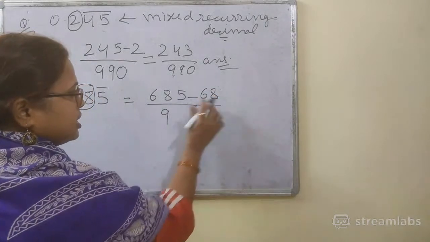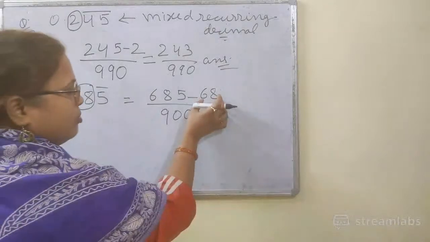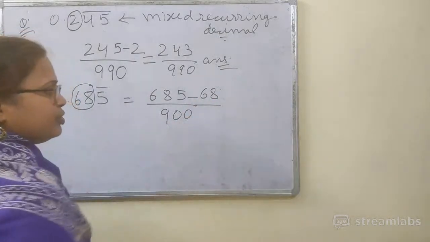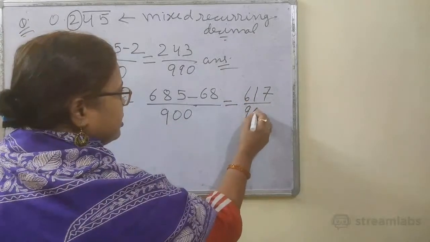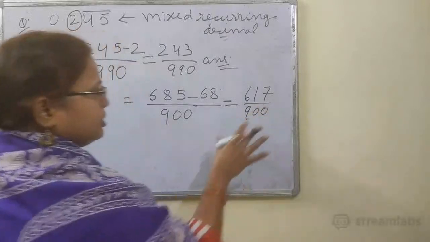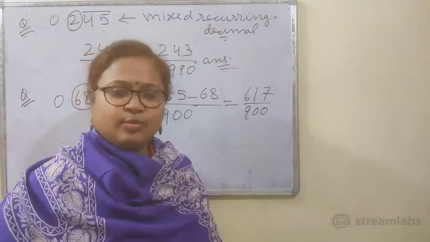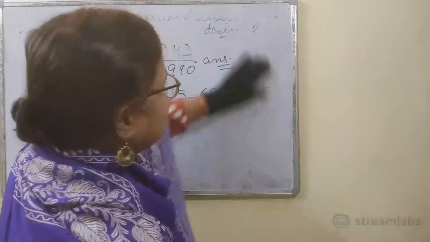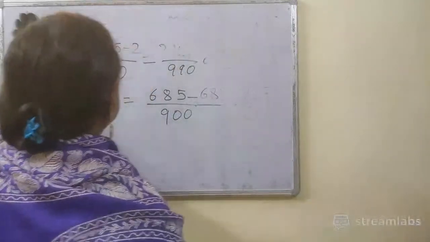And then 2 digits are here, so here we will put 2 zeros. Always remember how many digits you are subtracting, that many zeros you put. And then 617 by 900. So this will be the answer. I hope now this concept has become clear.